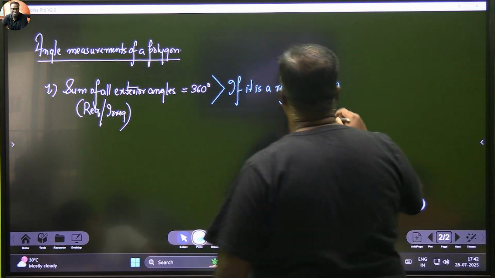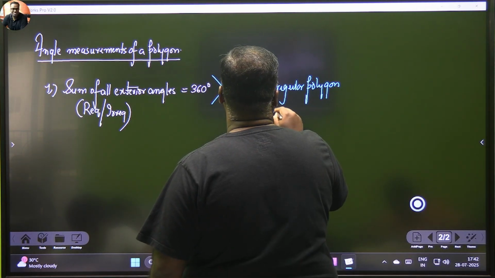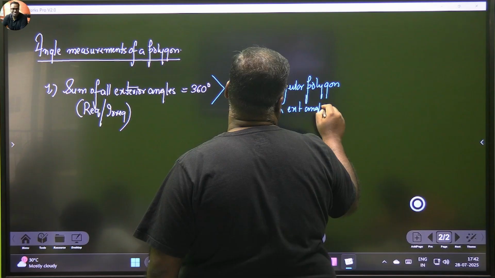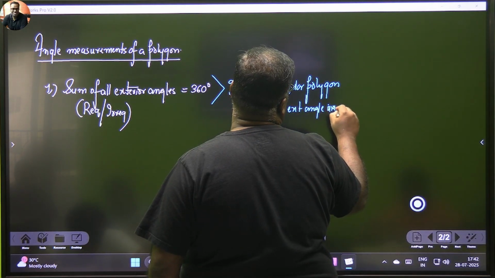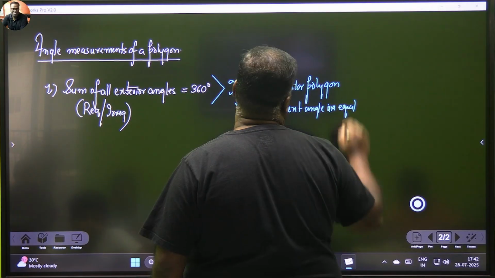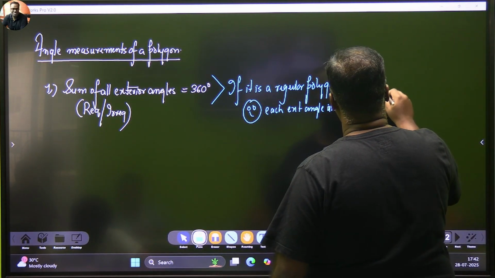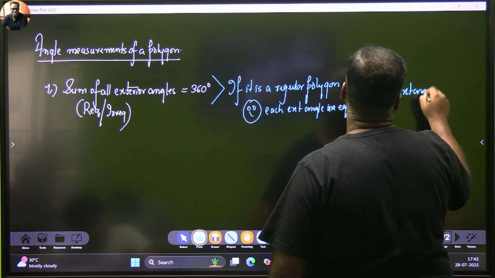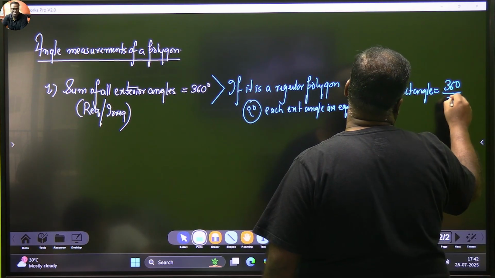If you are a regular polygon, then each external angle is equal. No, not 90. They are equal. And so each external angle, then you can find out the measurement. That will be 360 divided by n.